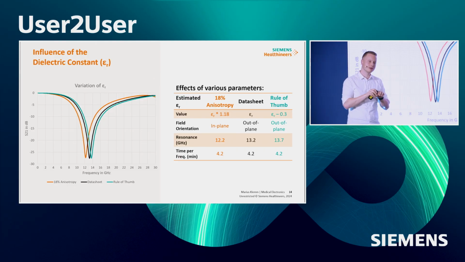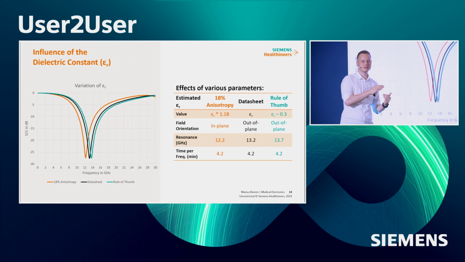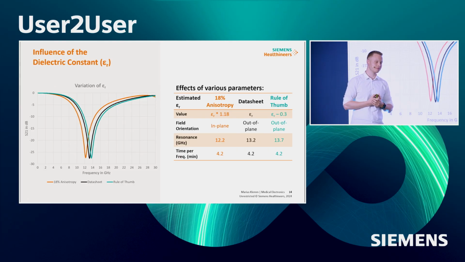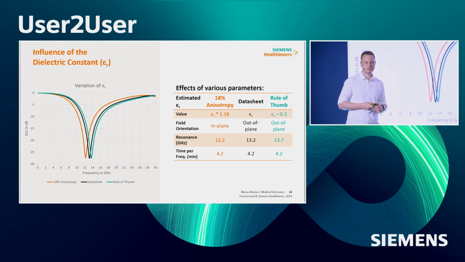And for a via, the electromagnetic fields are getting out of it, so in the XY plane. This is due to FR4 inhomogeneity. We're having some anisotropy, so some different material behavior. And the typical factor here is 18%. That's what the latest research gave. And this is also just a rule of thumb.